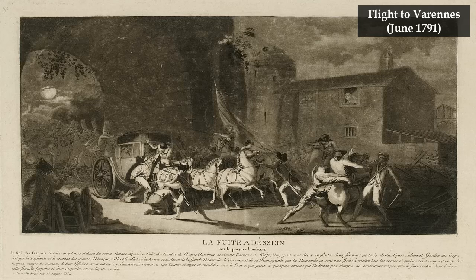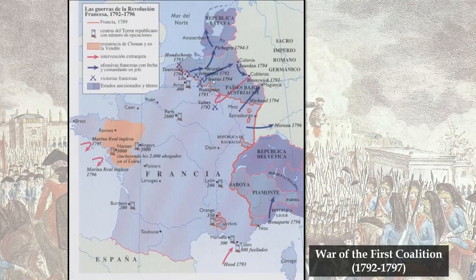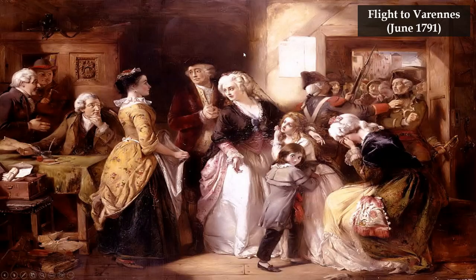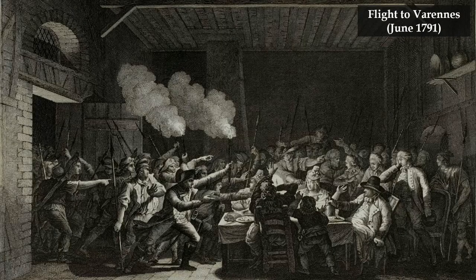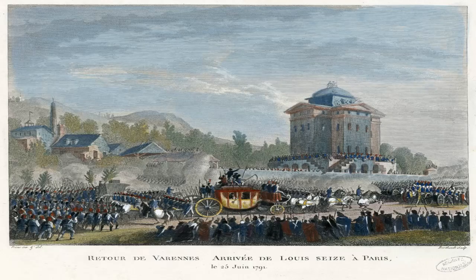And while this was happening, there was an important episode, which is an unsuccessful attempt of Louis XVI and his family to escape to the Austrian Low Countries, and this is called the Flight to Varennes. Varennes is a village more or less over here, where the royal family, Louis XVI, Marie Antoinette, and their kids, were captured because they were recognized by some soldiers, and they were seized and driven back to Paris.